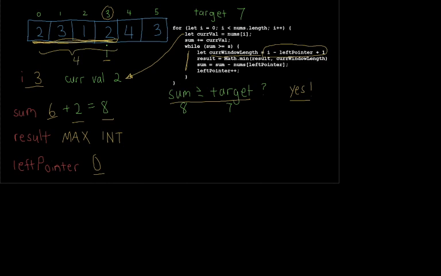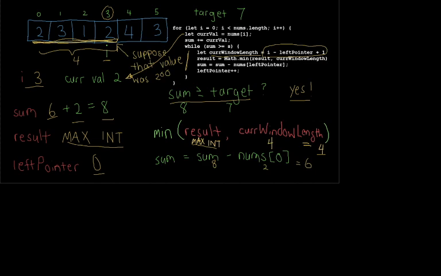And so you have to do this step where you check to see the result. We hadn't done anything with the result, so far it's a really, really large number. And if you compare the minimum of result, which is a large number right now, with the current window length that's 4, you take the minimum, so you end up with 4, which is great. So you can update result, and you see what the next step is.